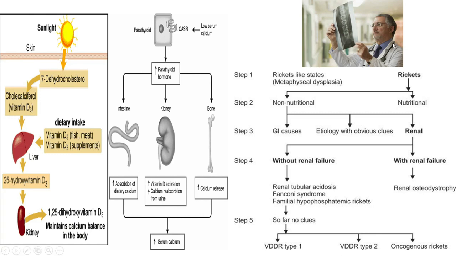Now, as an orthopedic surgeon, truly speaking, understanding the pathogenesis of all types of vitamin D deficiency or rickets, and properly diagnosing it and going to the final treatment, is very difficult.